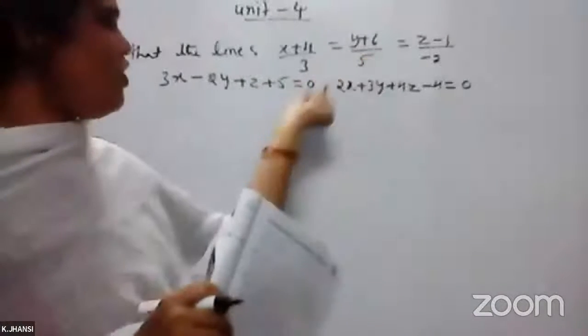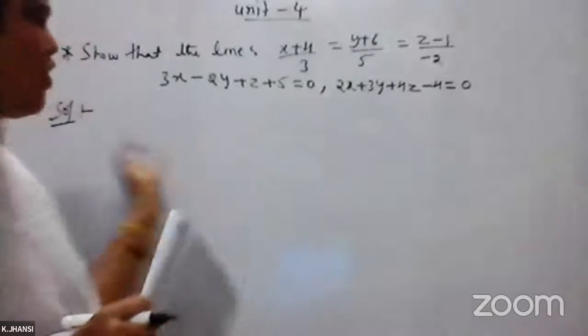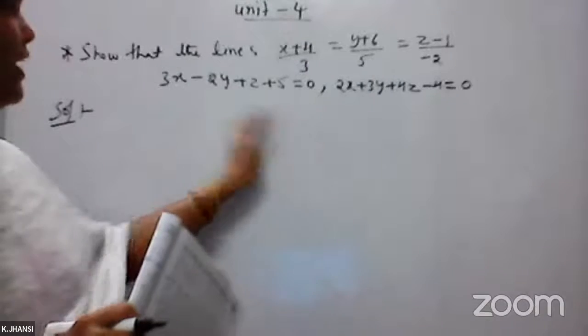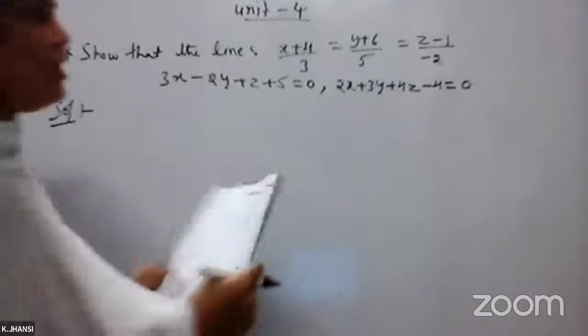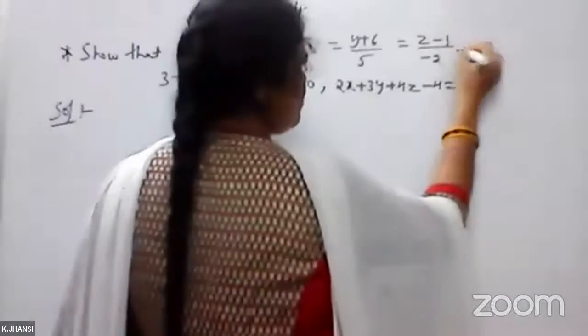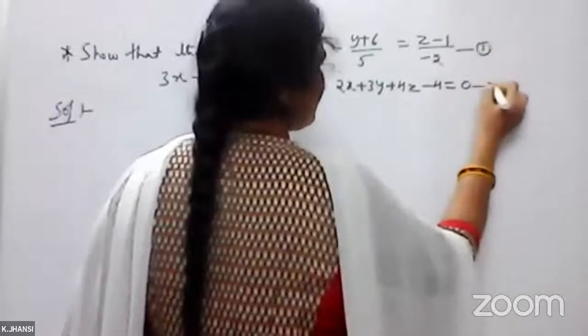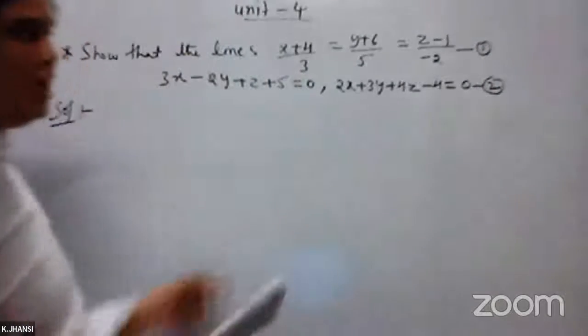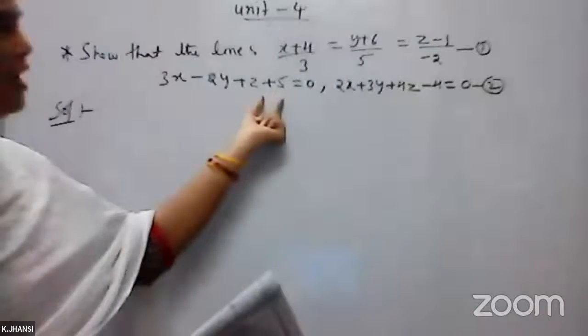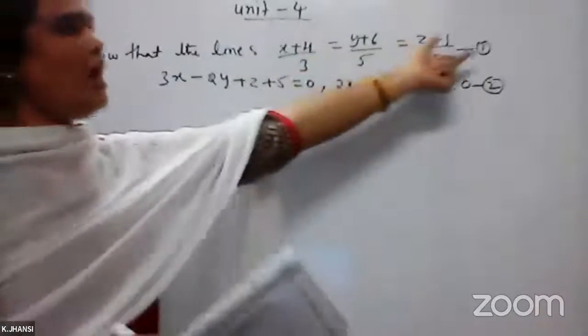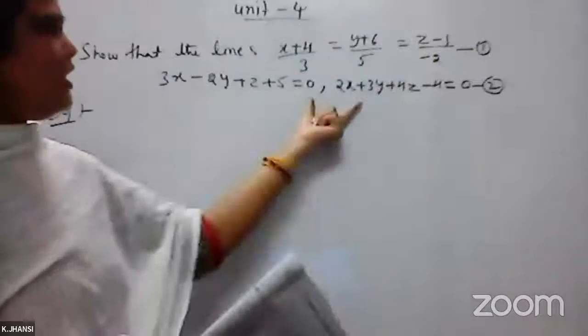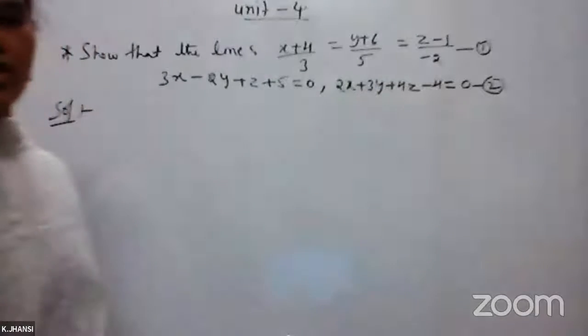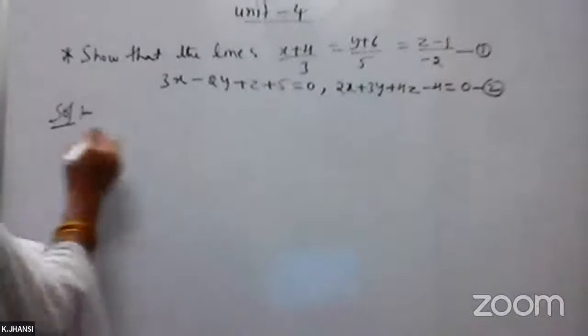This is the symmetrical form and this is the unsymmetrical form. In the solution you write these two equations again. Here I am putting this as equation 1 and this as equation 2. You write the given lines, take the first as equation 1, and the second as equation 2.